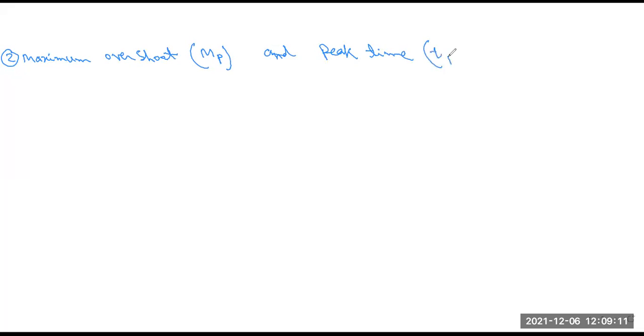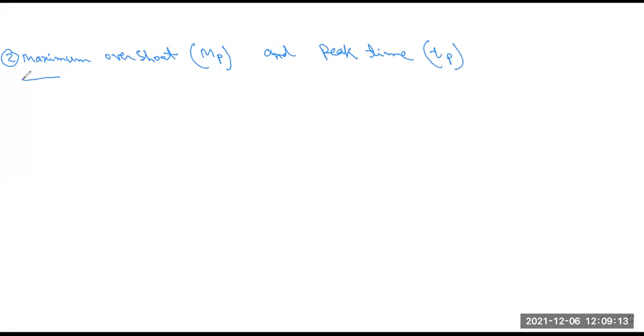Next, number 2 is maximum overshoot. This is represented as M p, and another one is the peak time, which we represent as t p.